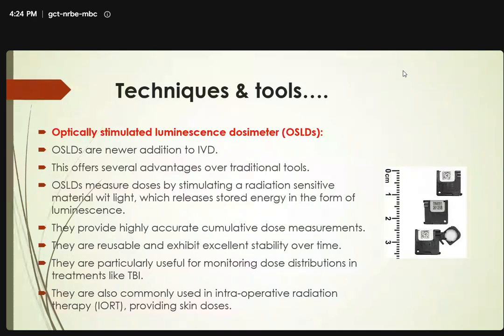They are the OSLDs, and these chips we place on the patient body or wherever the location we define, and simply we place the OSLDs and expose, whatever treatment is received by the patient, it will be recorded, and later on we can analyze and document the dose received by the patient.